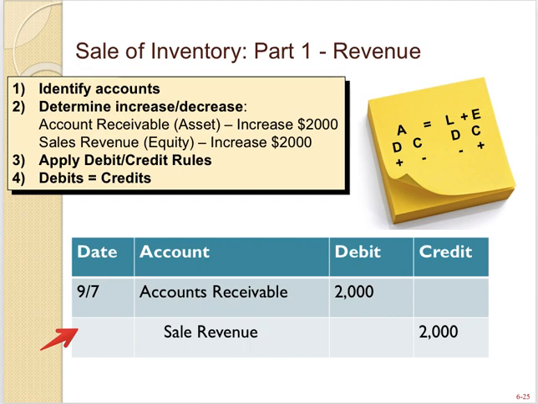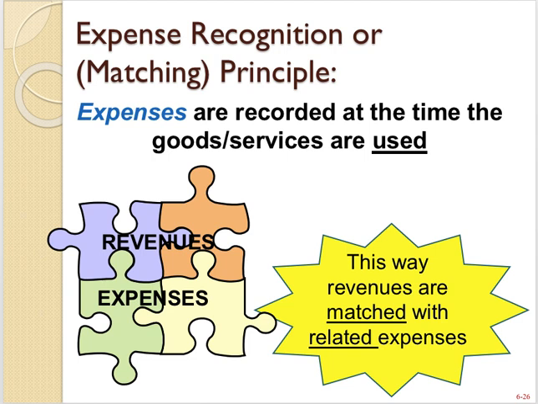But to refresh your memory on another important principle in accounting is the expense recognition or matching principle. And what that tells us is that we need to match our revenues with the related expenses.